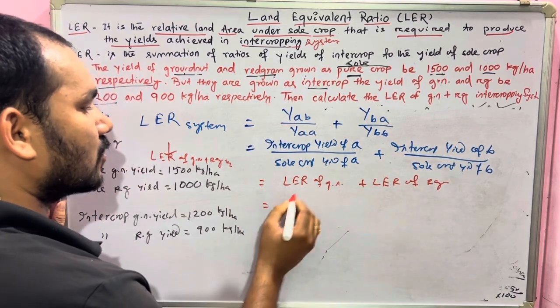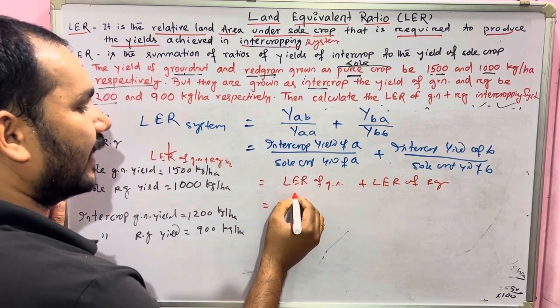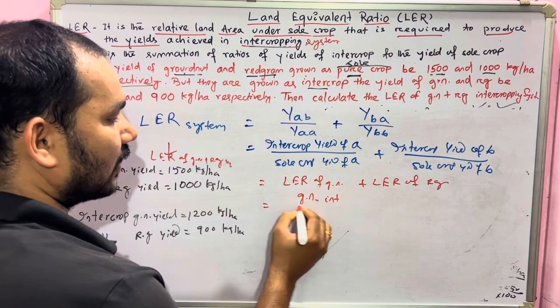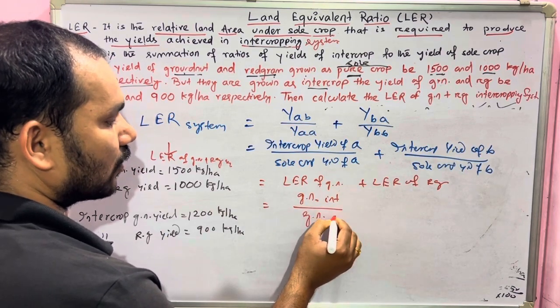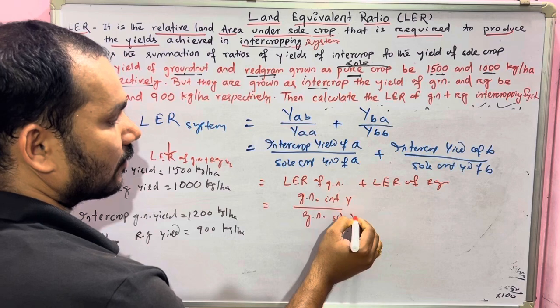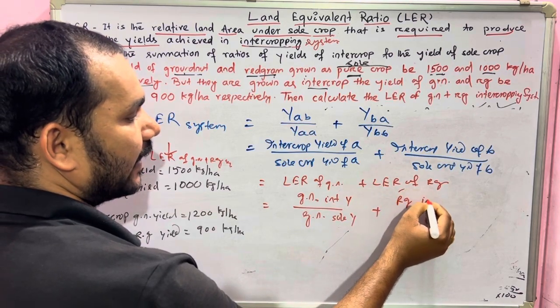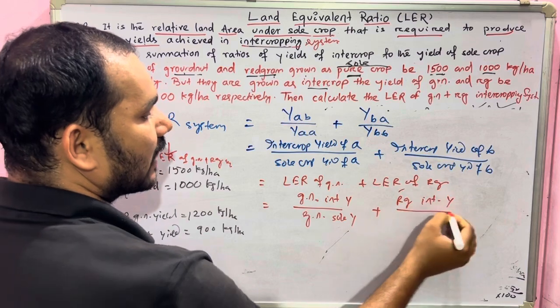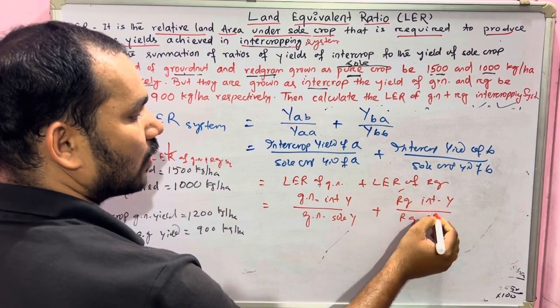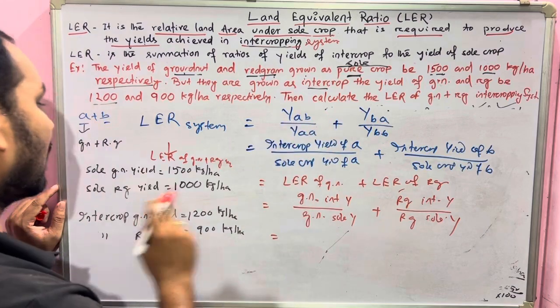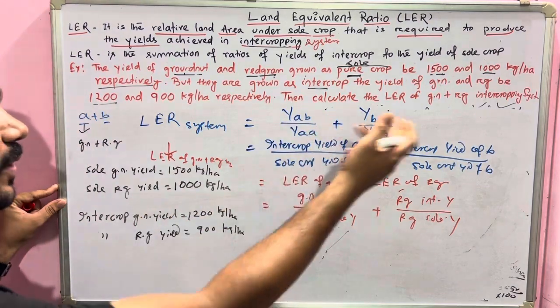LER of groundnut means groundnut intercrop yield divided by groundnut sole crop yield, plus red gram intercrop yield divided by red gram sole crop yield. Put the values, get the answer.